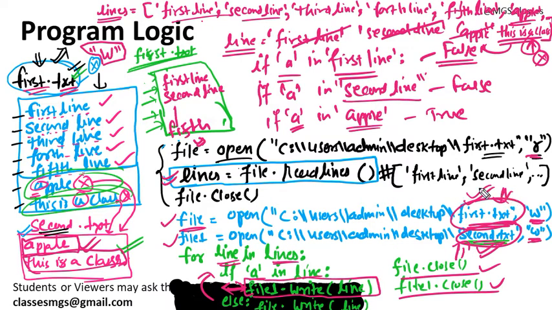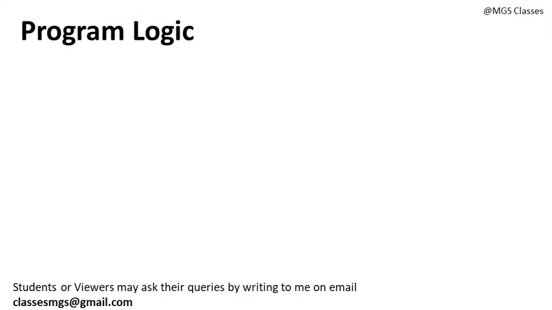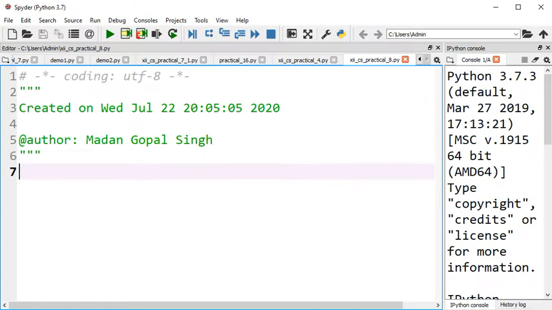Okay, so let's try to run this, because I have explained the steps and code side by side. Now I am going to execute this code in the Spyder editor so that you can get a clear understanding. So let's execute this in the editor. I am going into the editor, my favorite Spyder editor. Before starting that, let's create some files on my desktop.